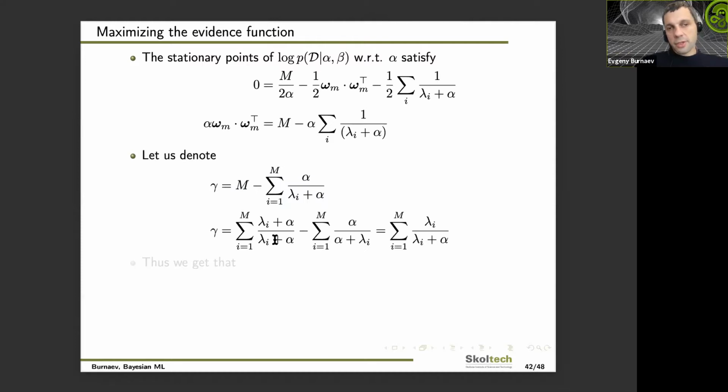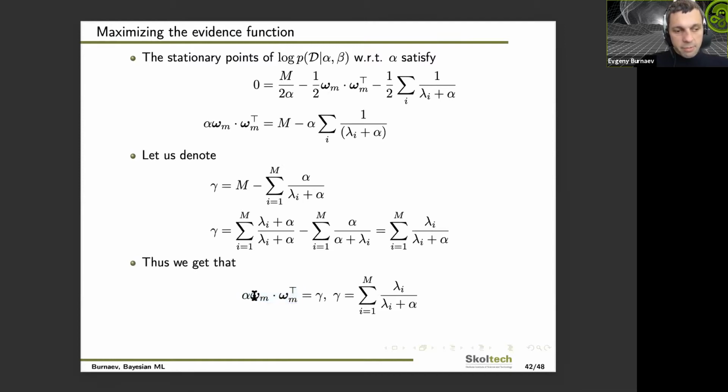Because this ratio is equal to 1 and we sum m values, this sum is equal to m. And so when we subtract from this term, we get exactly this expression.